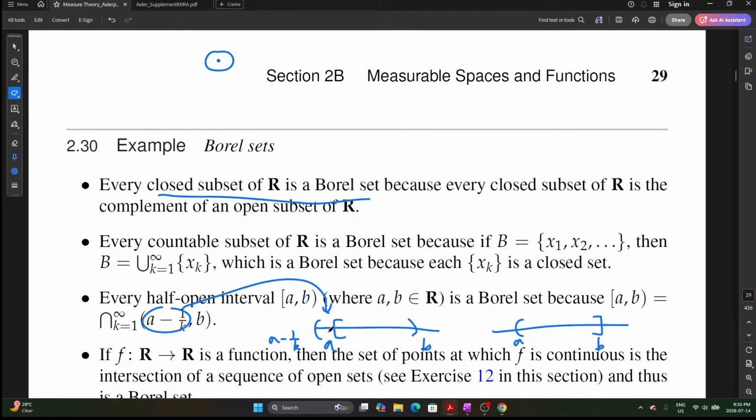Everything less than A is squeezed out by the infinite intersection. And as we showed earlier, a countable intersection is also closed in a sigma algebra.